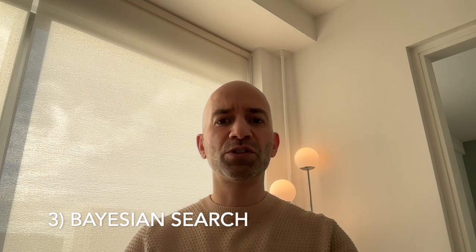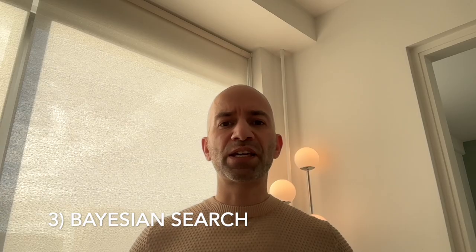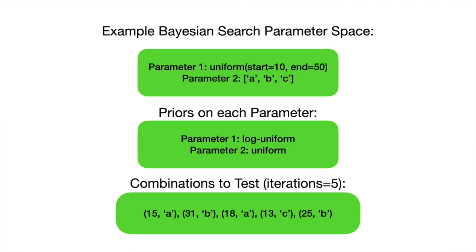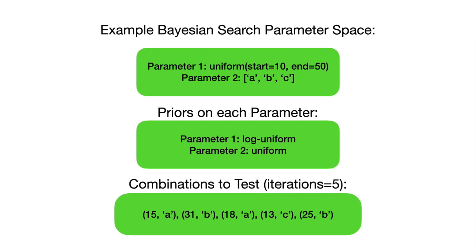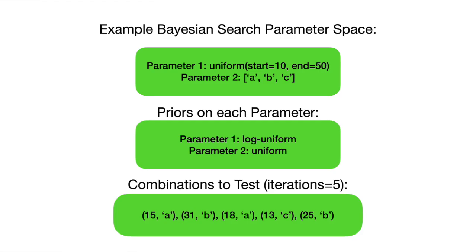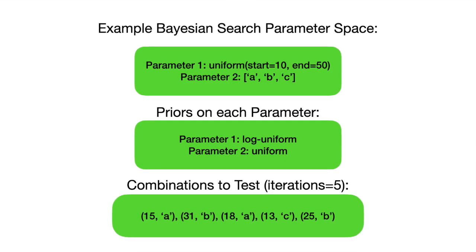The last technique that we'll explore here is called Bayesian search or Bayesian optimization. In this case, it's similar to randomized search. We are only going to use a subset of the possible values for each hyperparameter, and we can define each hyperparameter as a probability distribution.